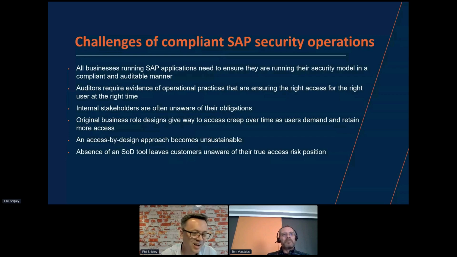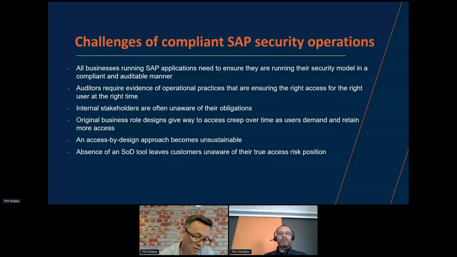Yeah. Original business role designs give way to access creep over time as users demand and retain more access. I think many small businesses are guilty of access creep, and a lot of that is because users are the ones saying, "I need access to this and that."